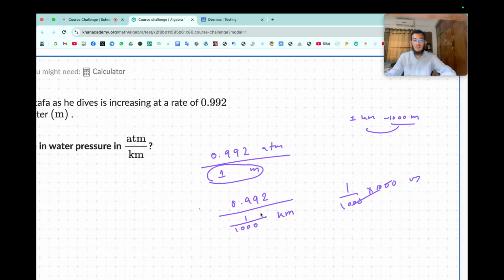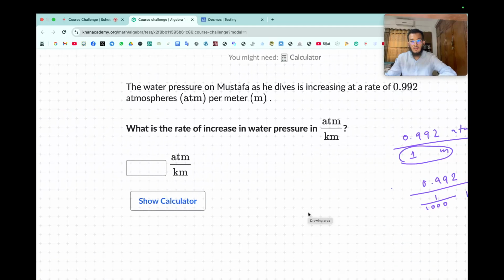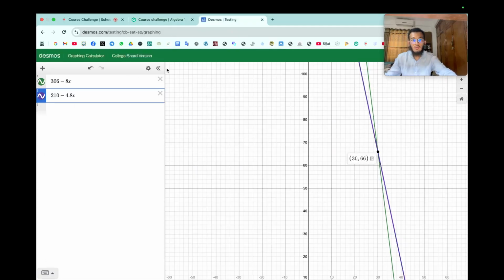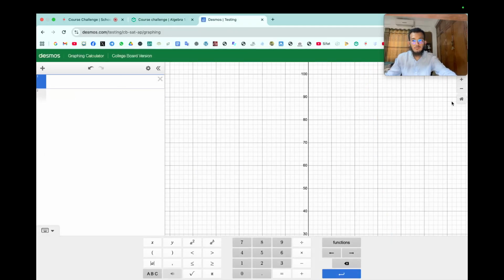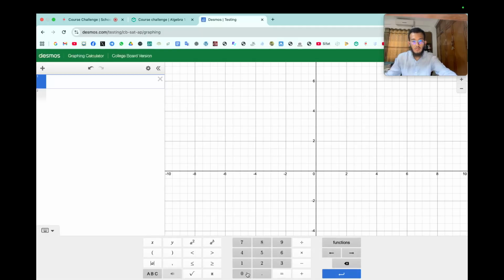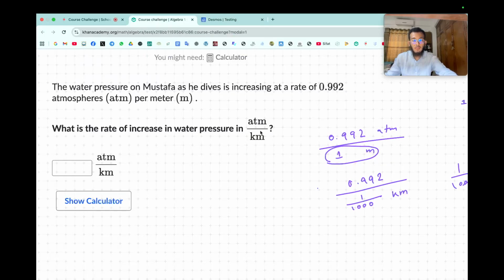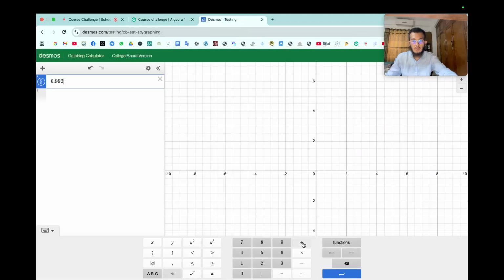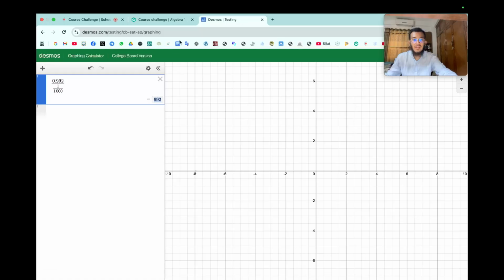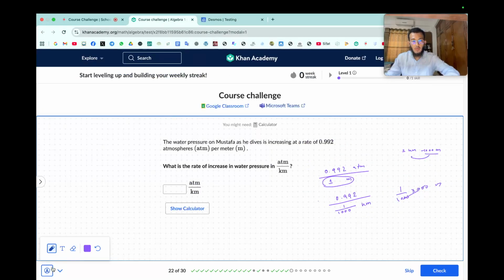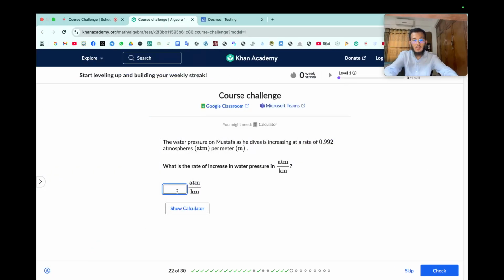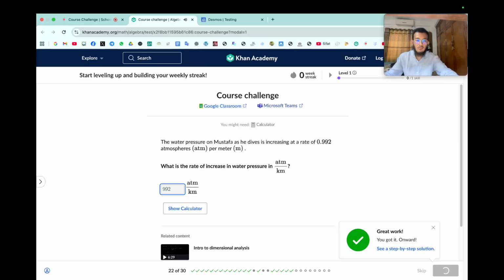Now we have to calculate this. 0.992 divided by 1 by 1000 is 992. So our answer would be 992.